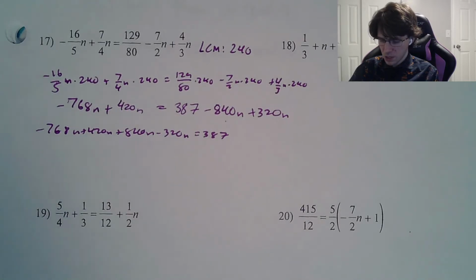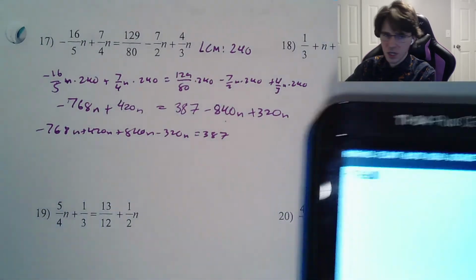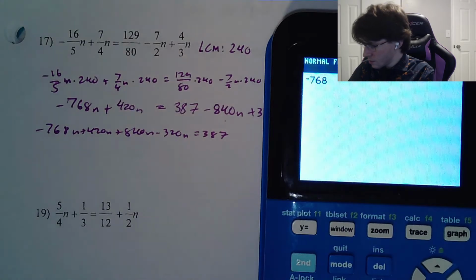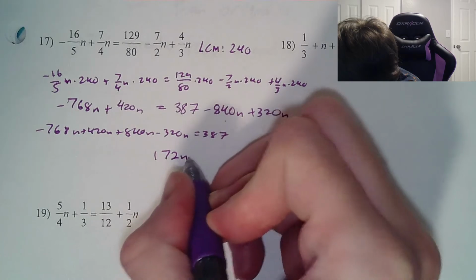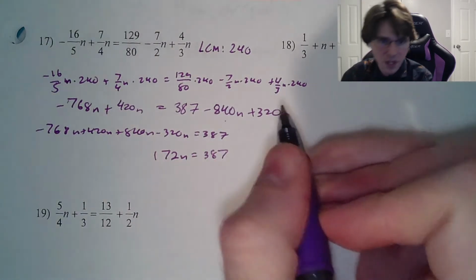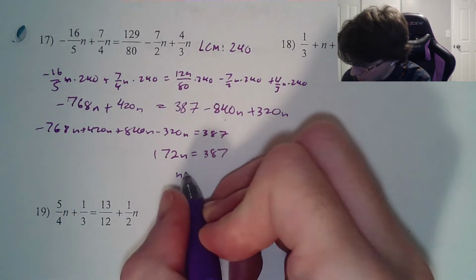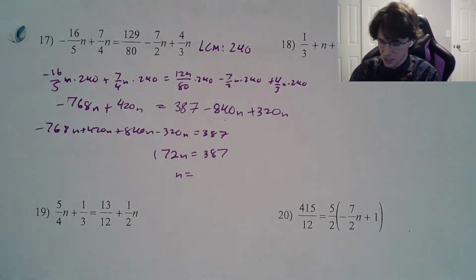I'm literally just typing all these in: negative 768 plus 420, and then plus 840 and minus 320. You get 172n equals 387. And finally, we can divide both sides by that 172, and we're finally done.